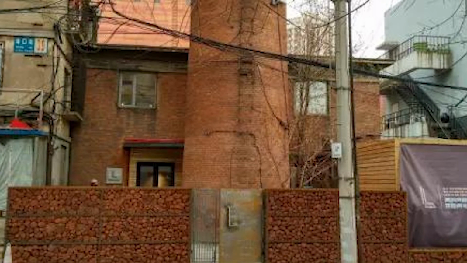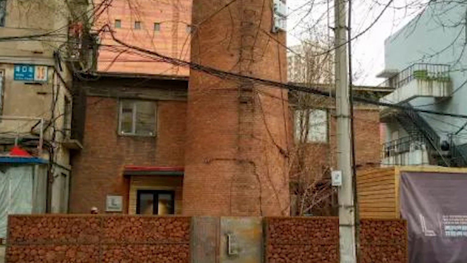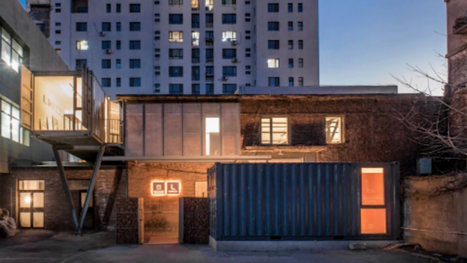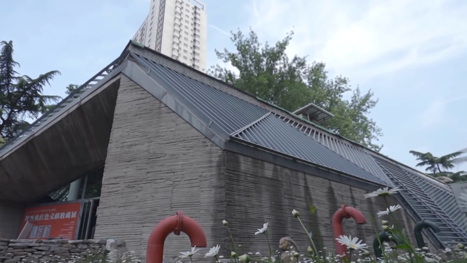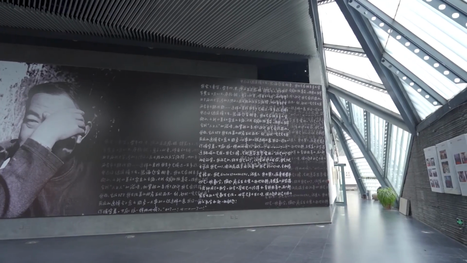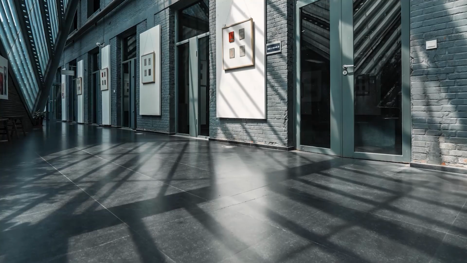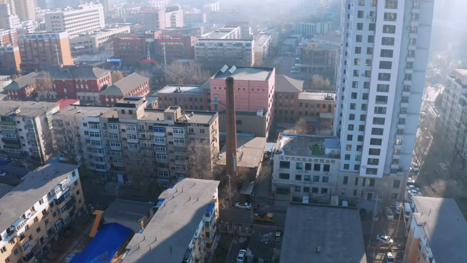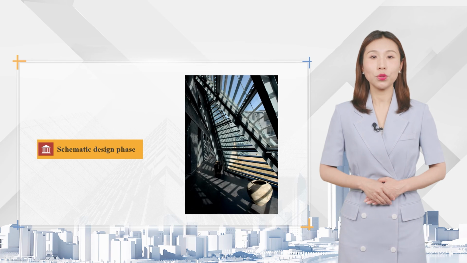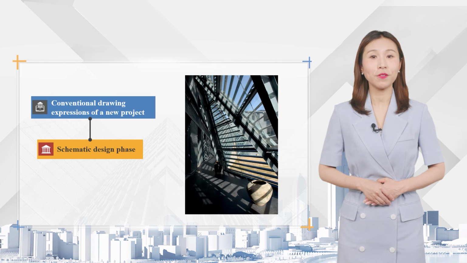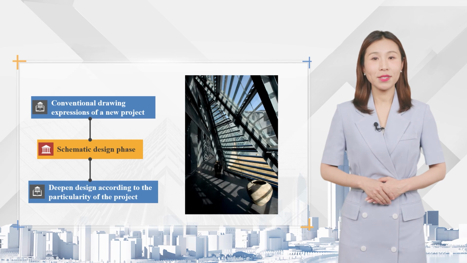The outer skin of Liu Hongdian Architecture Museum has basically maintained its original appearance, so we will not explain it too much here. In this chapter, we use two historic building reuse projects, Jiapingwa Literature and Art Museum and Liu Hongdian Architecture Museum, as examples to explain the idea that, in addition to the conventional drawing expression of a new project that everyone has mastered, in the plan design stage we need to deepen the design according to the particularity of the project.